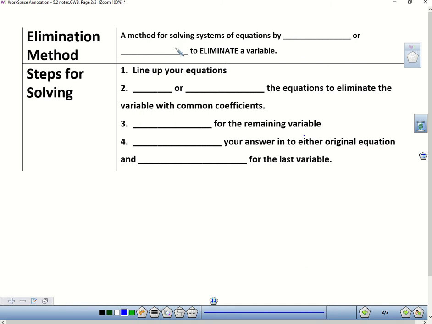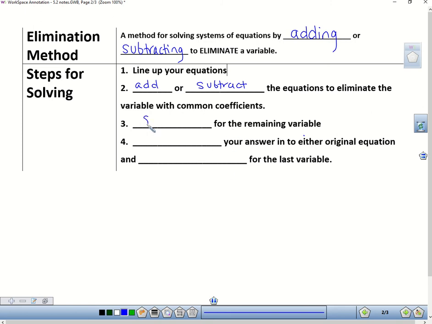So elimination works by solving systems of equations by adding or subtracting to eliminate a variable. So the first thing you're always going to want to do is line up your equations, and then you're either going to add or subtract the equations to eliminate the variable with common coefficients.